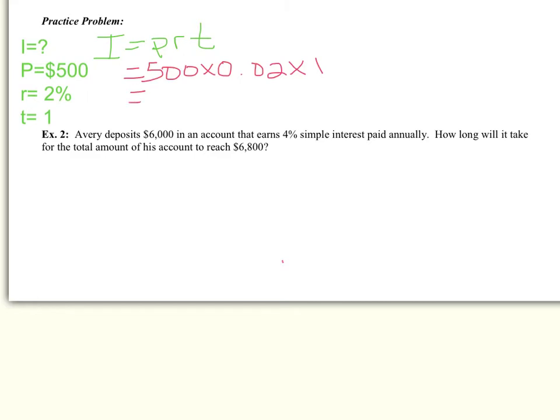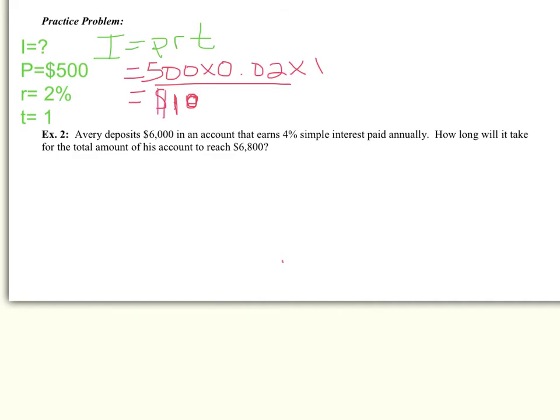So this one, all I need to do is multiply 500 times 2 hundredths, and 5 times 2 is 10, and then these two zeros and those two place values kind of cancel each other out, so I'm left with 10.